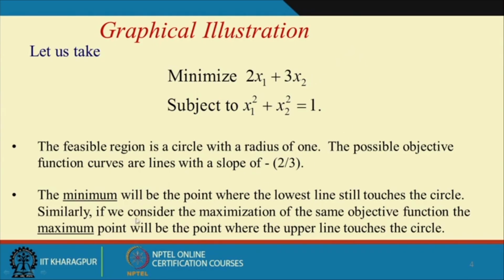Now, where is the minimum? The minimum will be the point where the lowest line still touches the circle, because the line is moving freely. I will show you the figure. And what is the maximum? The line is moving through the space and it will touch that point beyond which I will be out of the feasible space. What does it mean?